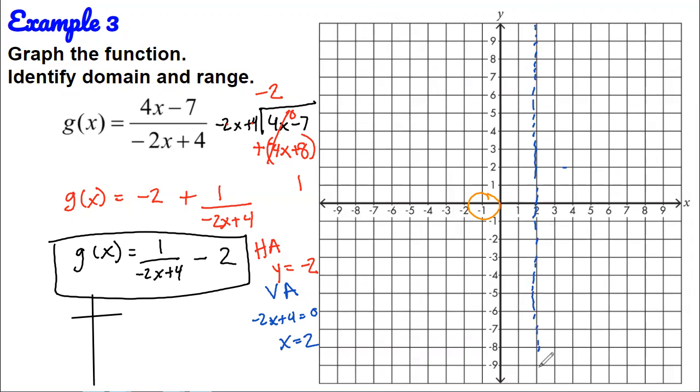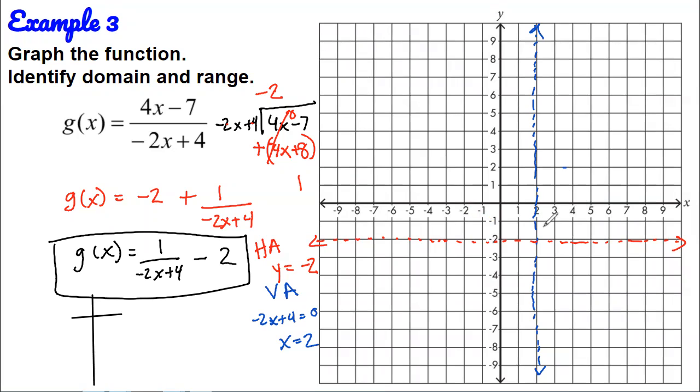Let me see. The horizontal asymptote at negative 2, so down here. Yeah, there you go. Thank you guys.